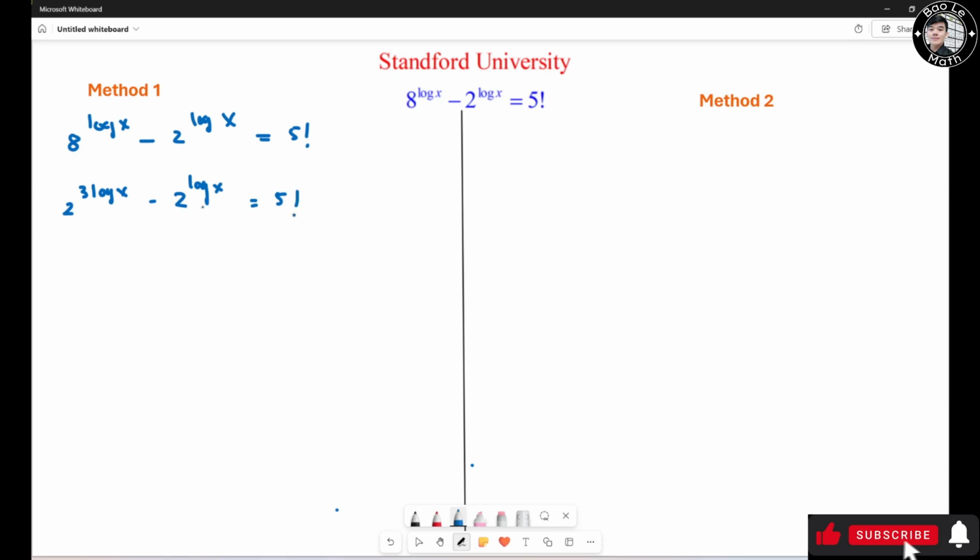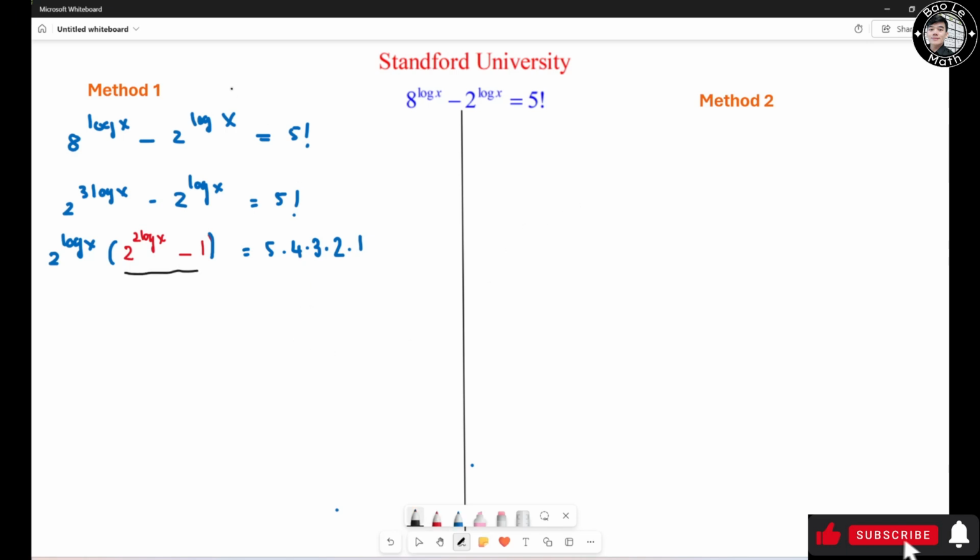Now I'm going to factor 2 to the log s out. So it's going to be 2 to the log s times 2 to the 2 times log s minus 1 equals, now 5 factorial, which means 5 times 4 times 3 times 2 times 1, right?